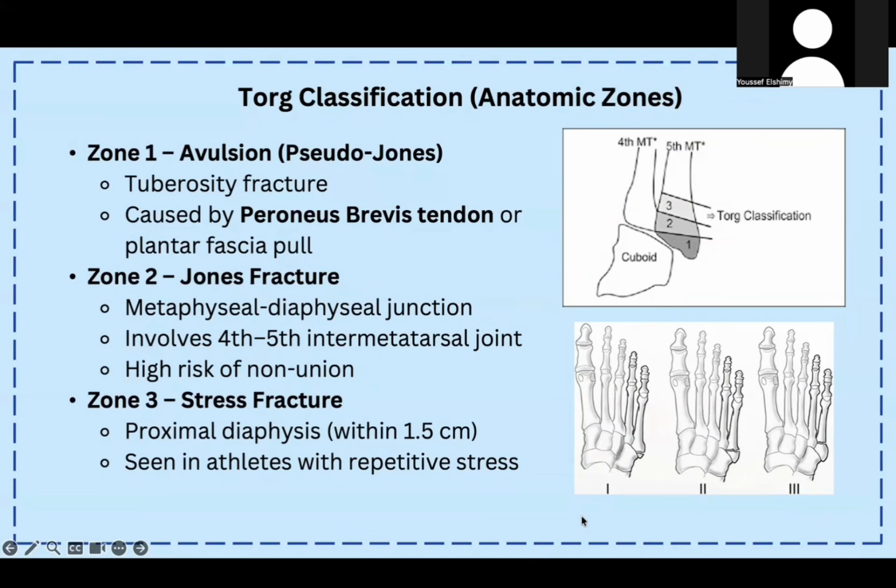Then we have the zone 2 fractures, which are also known as Jones fractures. They occur in the watershed zone and they have a higher risk of non-union. Finally, we have the zone 3 fractures. They are stress fractures of the proximal diaphysis, often seen in athletes due to repetitive loading.